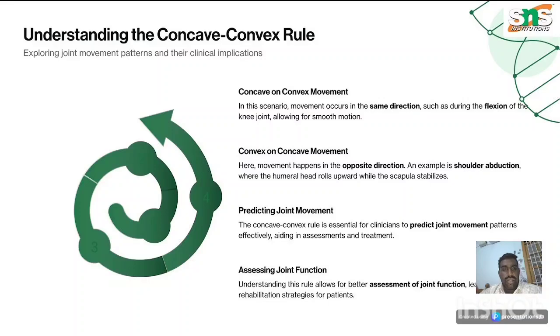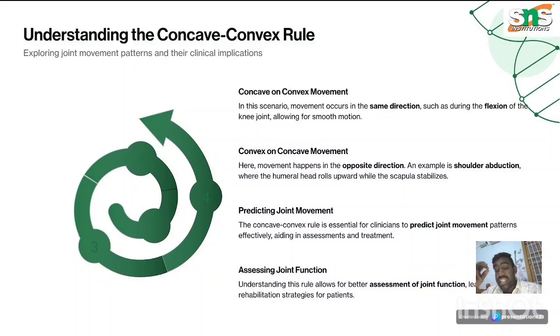In such cases, we should understand the concave-convex rule. The sliding movements occur in each bone. The concave will roll on convex. On the other part, concave will glide on convex.